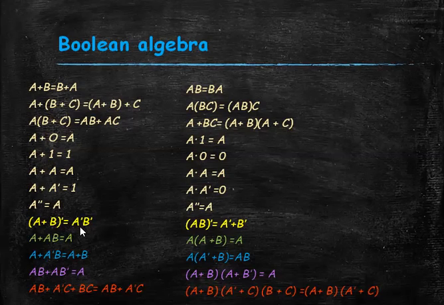So we start from A or AB is equal to A onwards, because we already discussed De Morgan's theorem very well and explained it using a truth table.